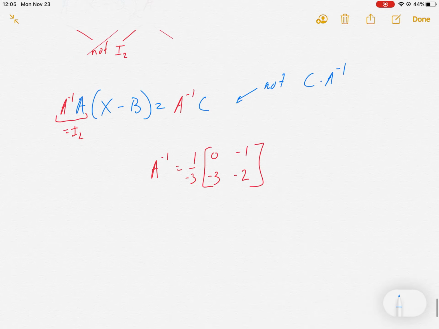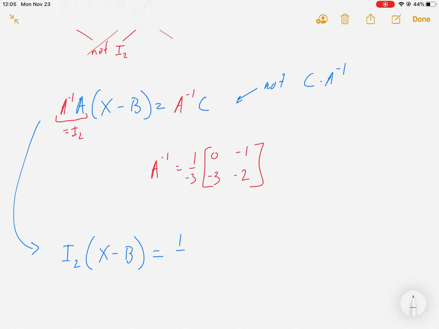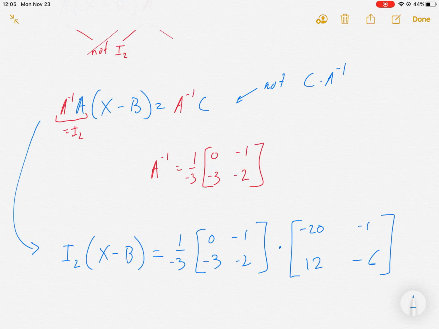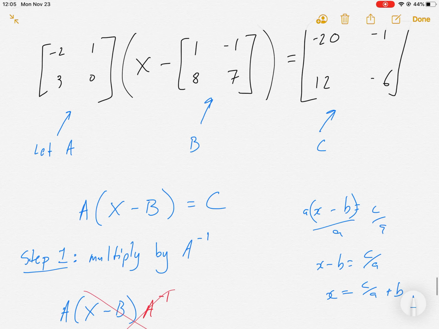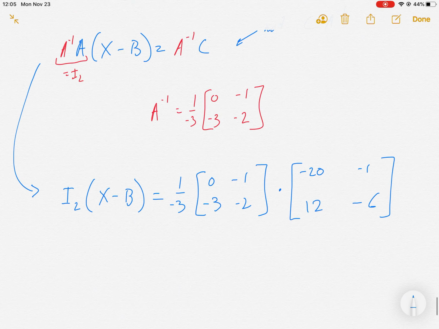Based on its construction, I know that my new equation is just going to be this. I do need to figure out what this is over here, 0, negative 1, negative 3, and negative 2, times my C matrix, which was negative 20, negative 1, 12, and negative 6. Just confirm that. Yep. So I'm going to have to go ahead and do that.